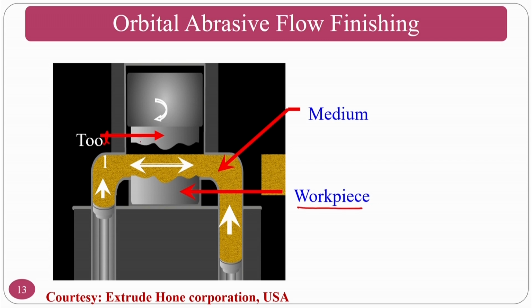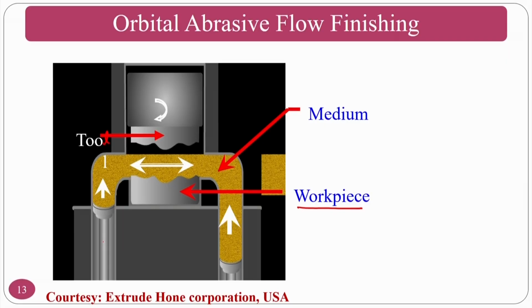The medium will reciprocate in the vicinity of, or in between, the tooling and the workpiece. You can see here this is the medium piston that is pushing, and another piston is here, piston 2 and piston 1.